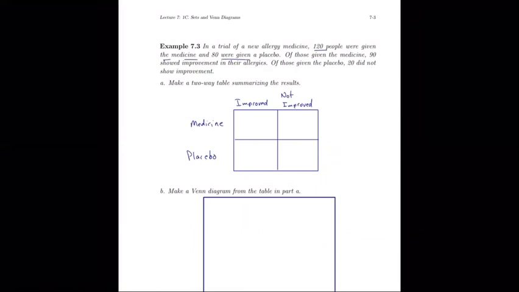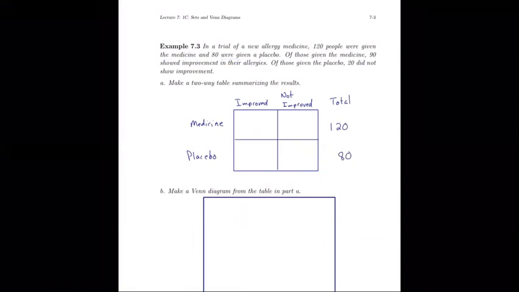Well, so we only know the totals outside of this, and it helps to write these totals down because then we can determine maybe unknown entries in this table. So total of 120 were given the medicine and 80 were given the placebo. Okay, so we've used that information.